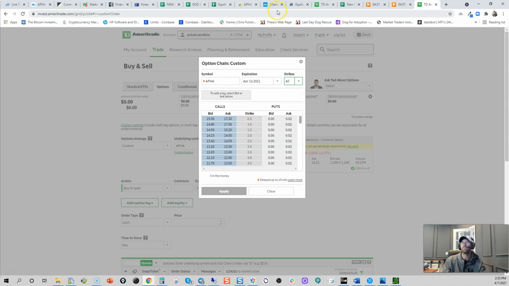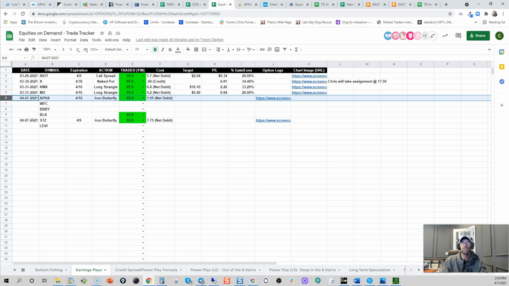Okay, now, the way that we price this, we have calls on one side, we have puts on another side. So what I'm going to do is one leg of the trade, we're looking for the closest one to current price. Now, current price you saw was $16.29. Okay, so what we did on this trade is we looked at, this is APHA, we looked at the $16.50 strike.